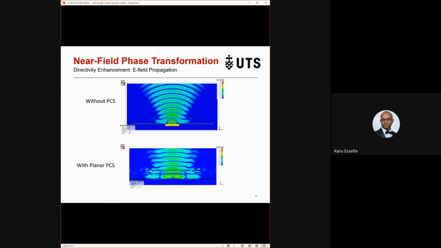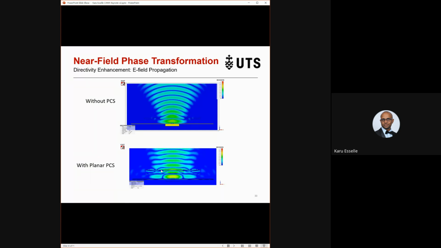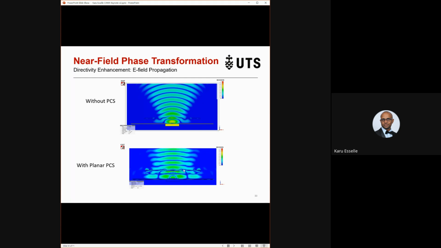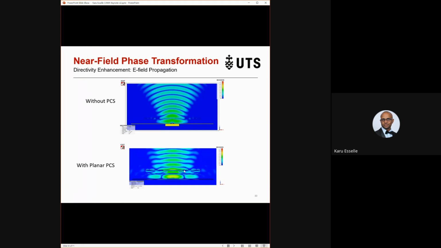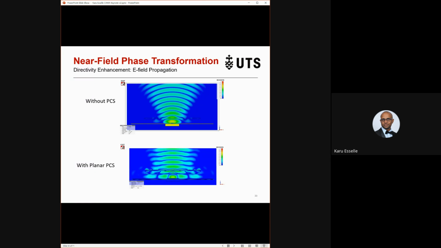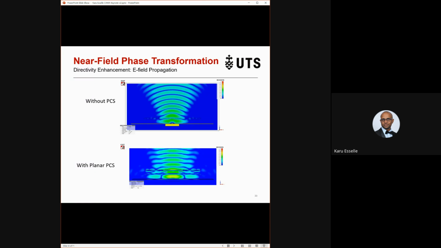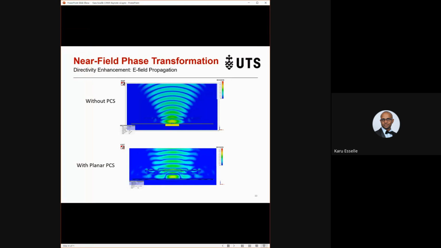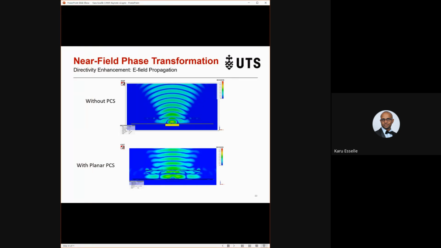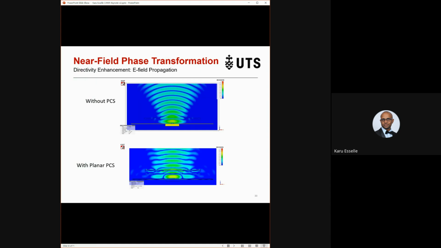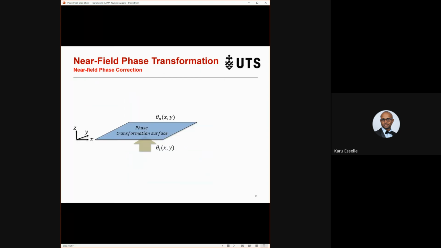We don't correct all the way to the edge, but we correct the central part of the aperture, the important part where the near field is maximum, what we call the hot spot, and that's why we are getting high directivity.